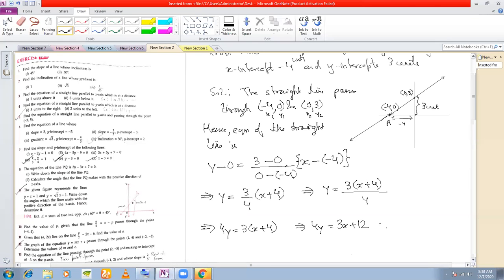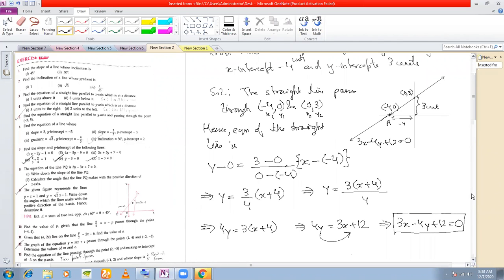Take everything on one side, so I get 3x minus 4y plus 12 is equal to 0. This is your required equation. That is, the equation of this line is 3x minus 4y plus 12 equal to 0. Very important example. Please go through this example.